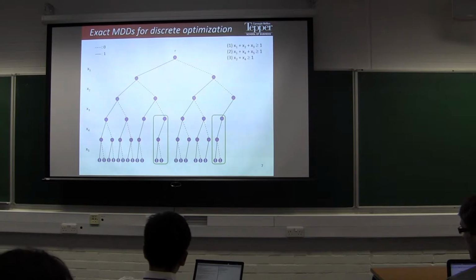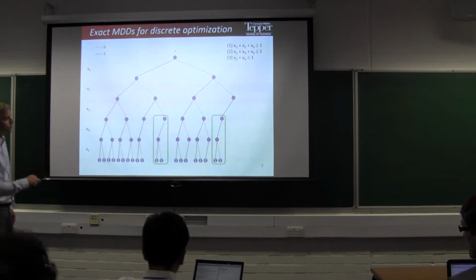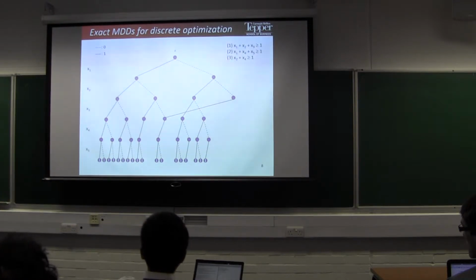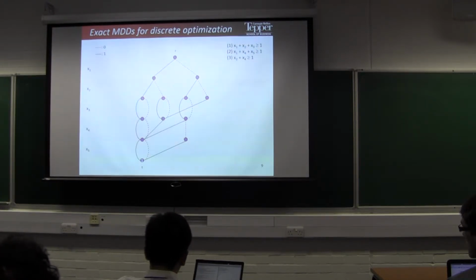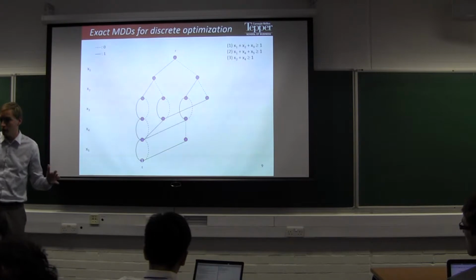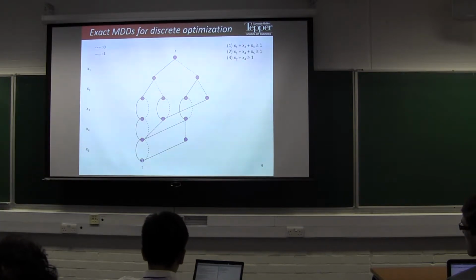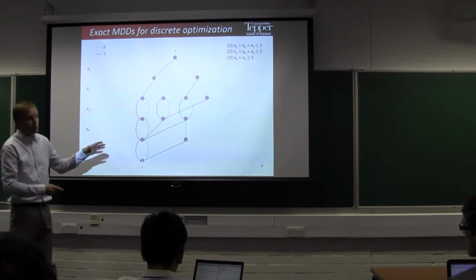For example, those 2 are the same, so they lead to the same solutions, and I could just merge them. If you do that, then you get your decision diagram like this. As I said before, this is a very impractical way of doing it, because you don't have the exponentially large search tree to begin with, but this is just conceptually what we are after. We would like to have this set, and if we have this, we have solved the problem.